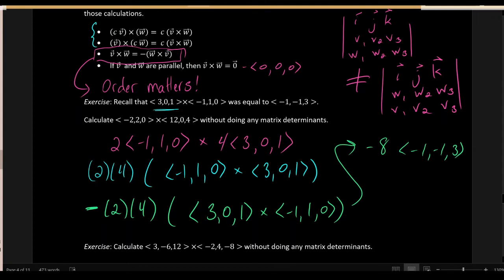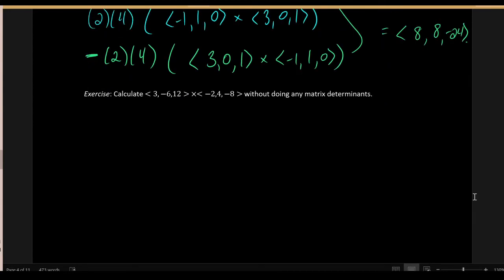So without doing any shenanigans with matrix determinants, just recycling some of our previous calculations and using these properties, we can find that the cross product between these two vectors is +8, +8, -24, scaled by 2 and 4, and multiplied by a negative because the order of the vectors was swapped.